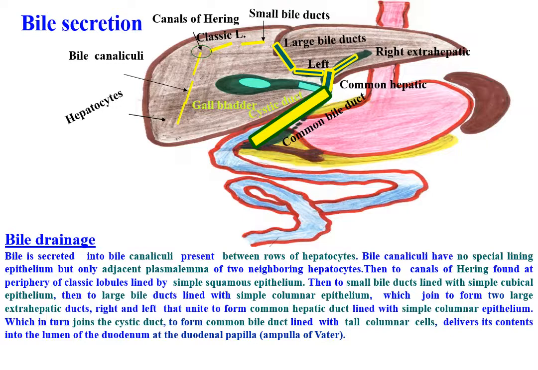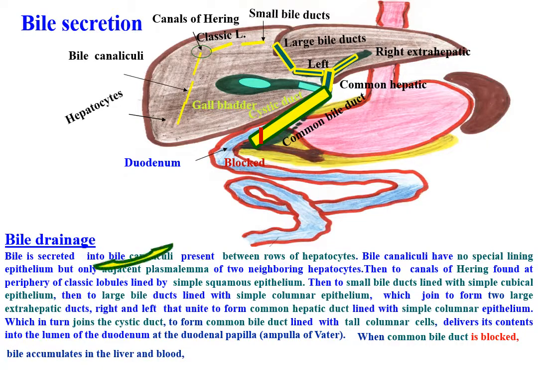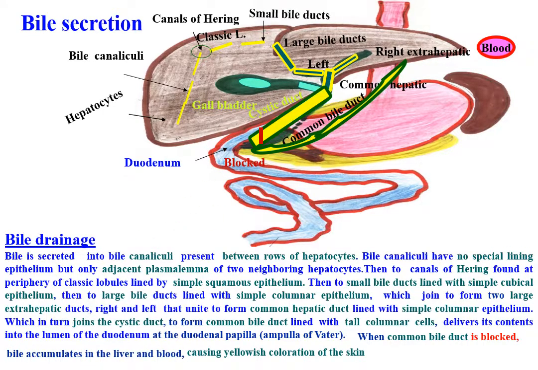Common bile duct is lined with tall columnar cells and delivers its content into the lumen of the duodenum at the duodenal papilla, ampulla of Vater. When common bile duct is blocked, bile accumulates in the liver and the blood, causing yellowish coloration of the skin, a condition which is called jaundice.